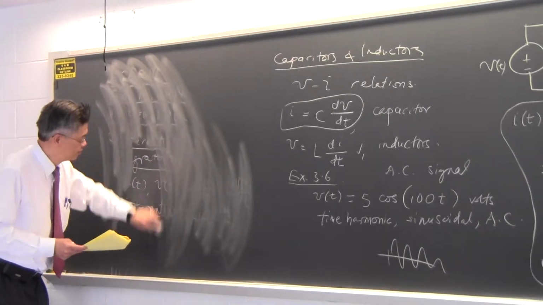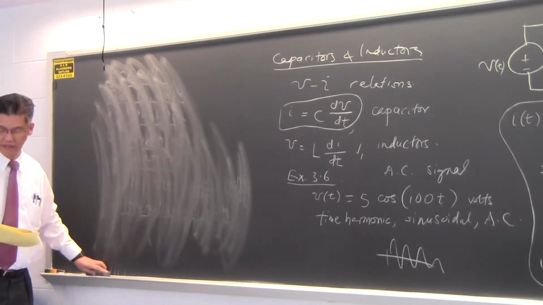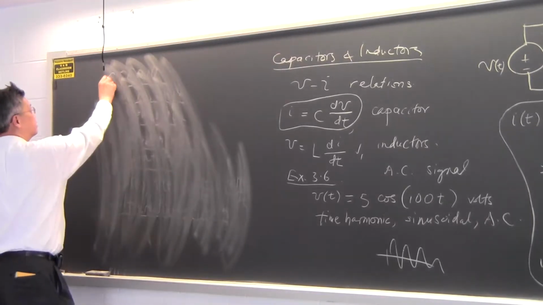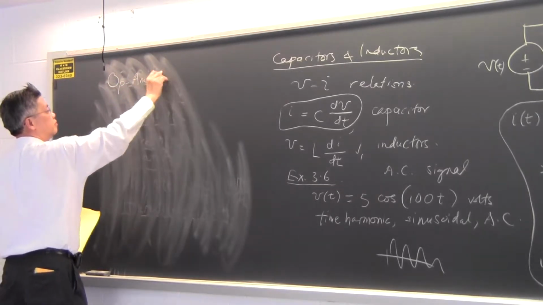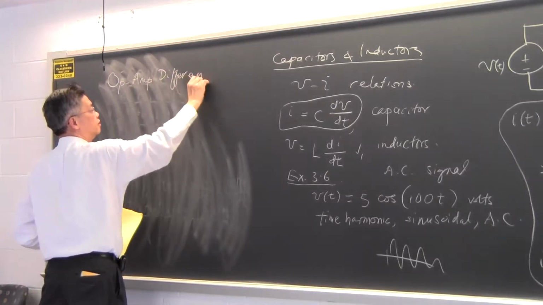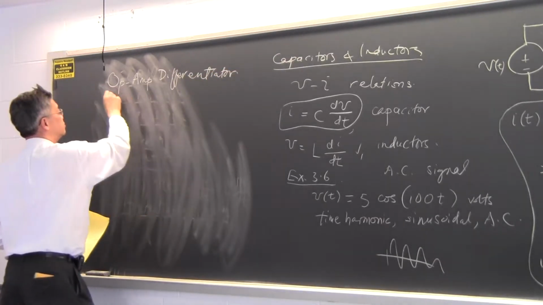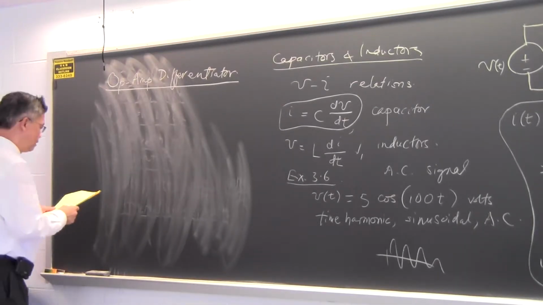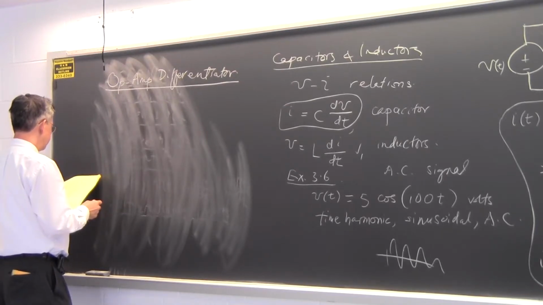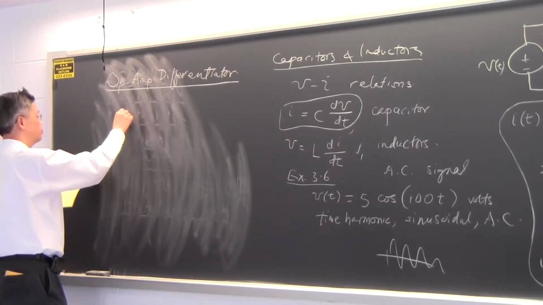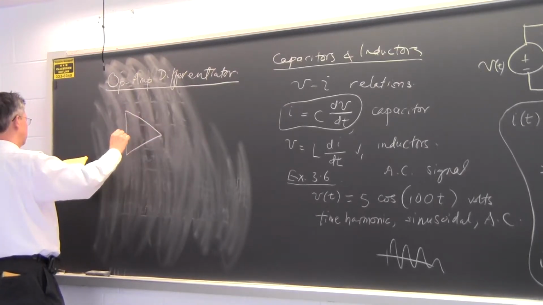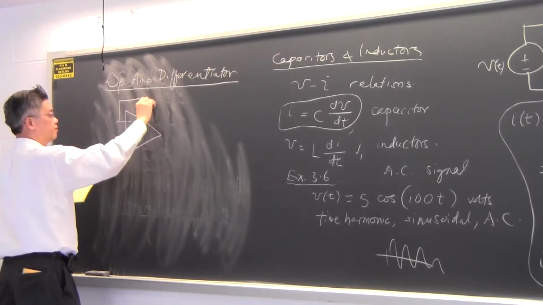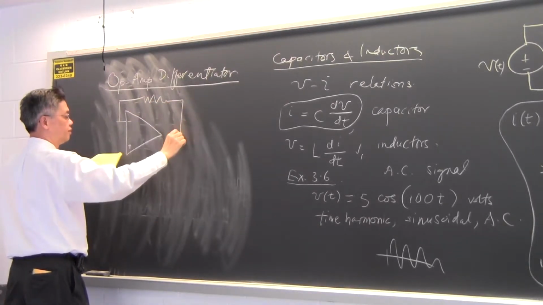Let's see what the story is when we hook this thing up together with an op-amp. And you have learned about op-amps. So let's look at the case of an op-amp differentiator. Okay. So let's design an op-amp that looks something like this. With a minus here, a plus here, and then have a resistor that hooks up as the feedback resistor.